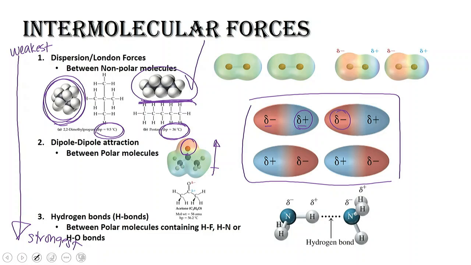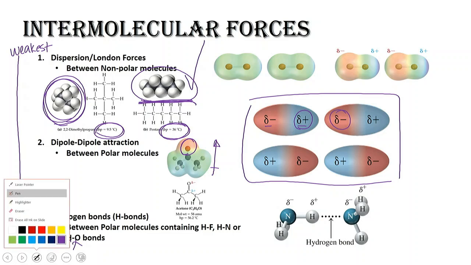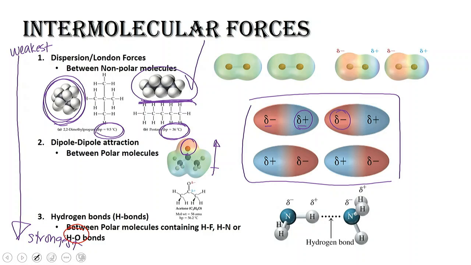Now, hydrogen bonds only form between certain compounds. These compounds have to contain hydrogen-oxygen, hydrogen-fluorine, or hydrogen-nitrogen bonds. If there is not a hydrogen-nitrogen, hydrogen-fluorine, or hydrogen-oxygen bond, there is no way that hydrogen bonds can form. Notice that we've got ammonia here, NH3.